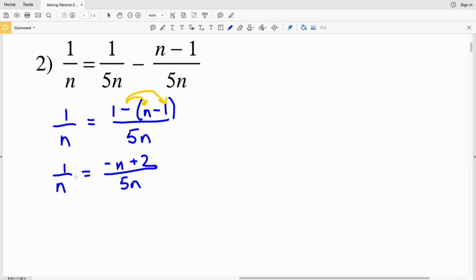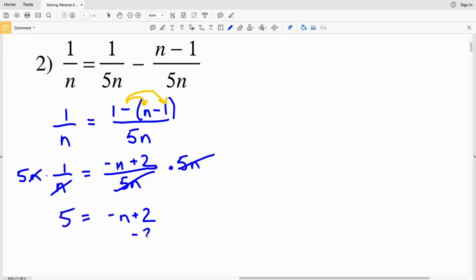So now that we have 1 over n equal to negative n plus 2 all over 5n, we're going to multiply both sides by 5n. When we do that, the 5n over 5n becomes 1, so we're going to be left with negative n plus 2 on the right-hand side, and on the left-hand side, n over n is 1, so then we have 5 times 1, which is 5.